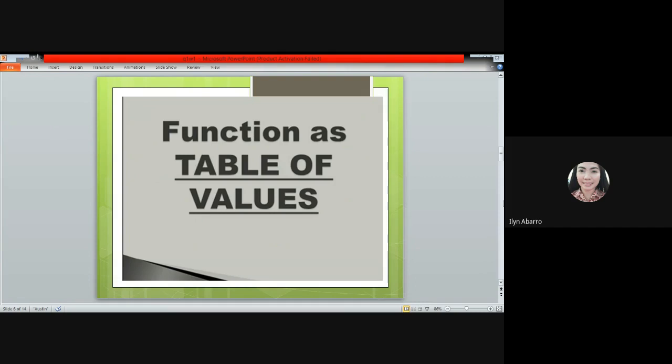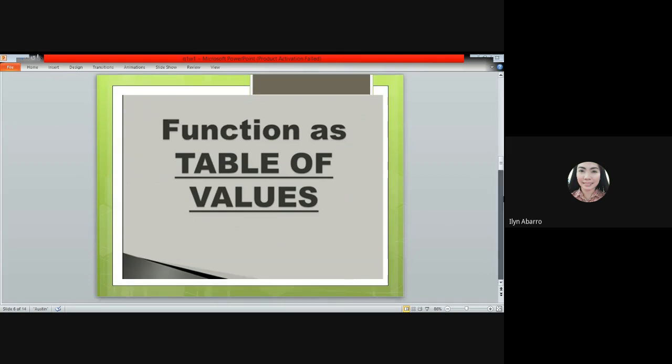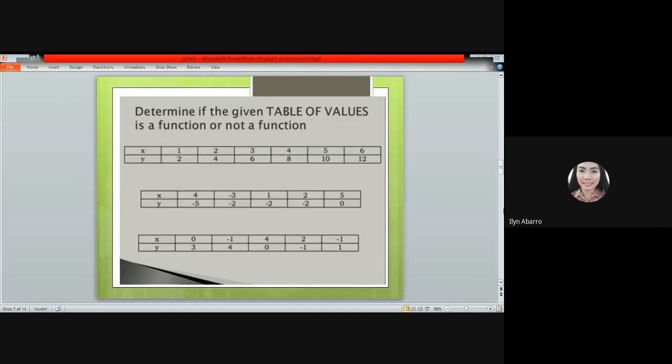A function can also be determined or shown through a table of values. The table of values can also be used to determine a function. How do we do that? This is the table of values. These are the x values: 1, 2, 3, 4, 5, and 6.